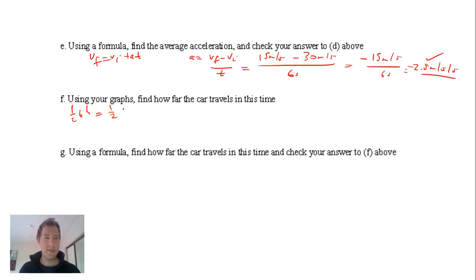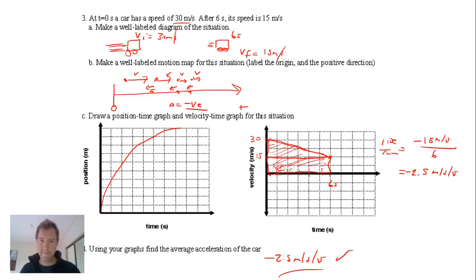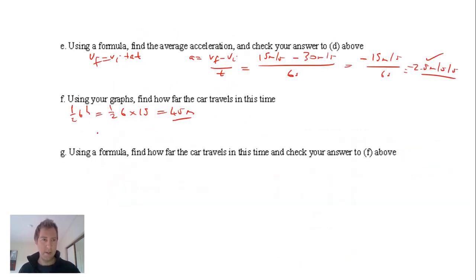Half times the base of 6 seconds times the height, from memory 15, is 45 meters. The rectangle, this bit here, base times height is 15 times 6, which is 90 meters. Add those together, I get 135 meters.